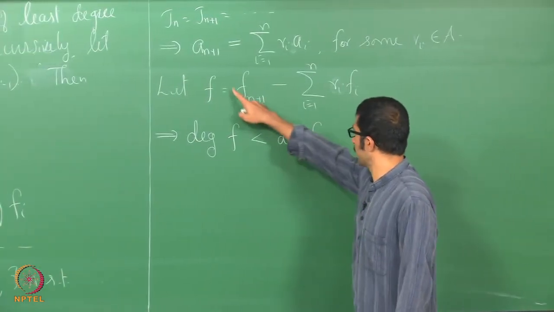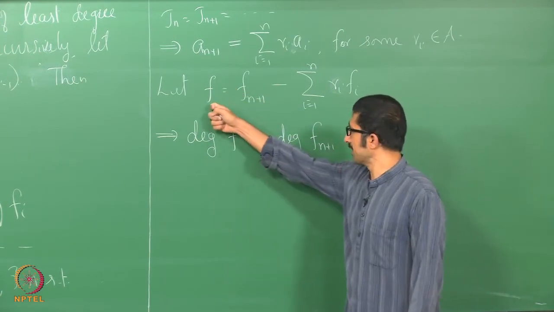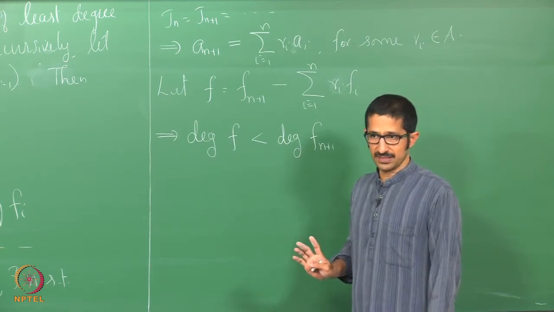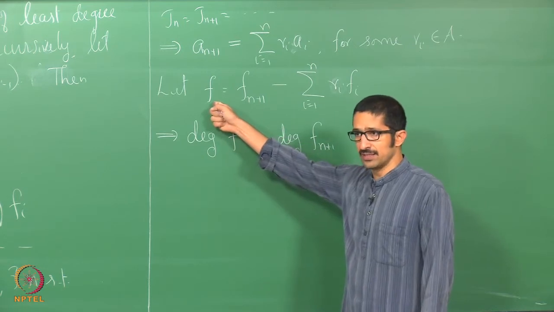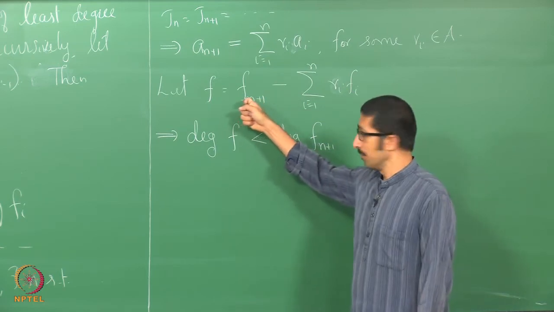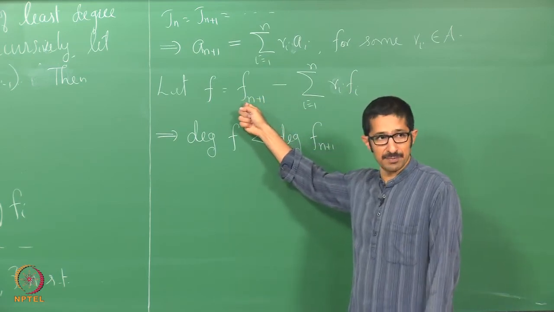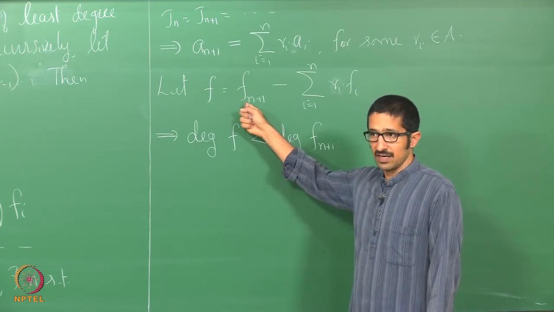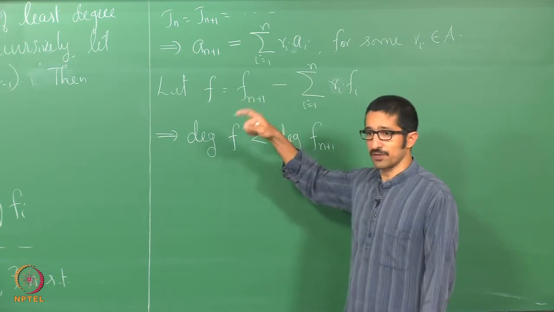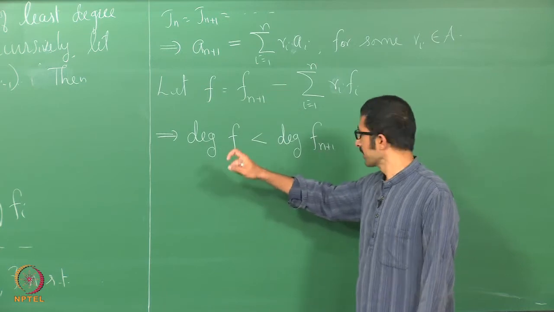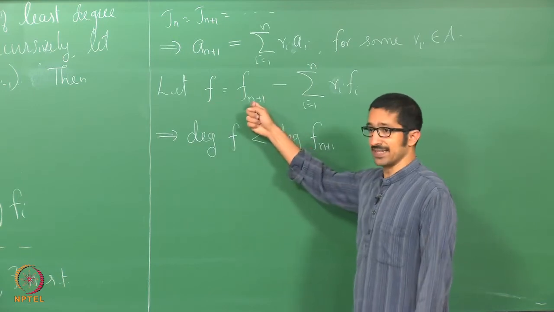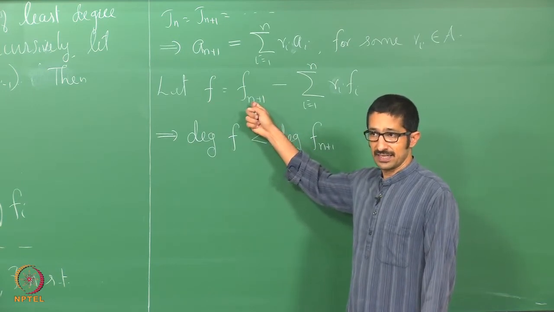How did I now look at this element f? f is in I_{n+1}, because it is a linear combination of f_1 up to f_{n+1}. f_{n+1} was chosen as an element in I without f_1 up to f_n of least degree. f is in I_{n+1} and degree is less than degree of f_{n+1}.